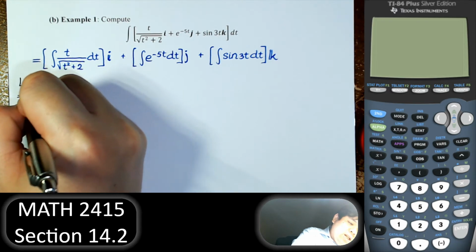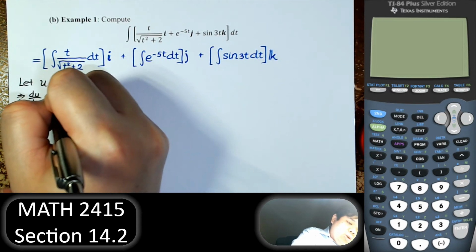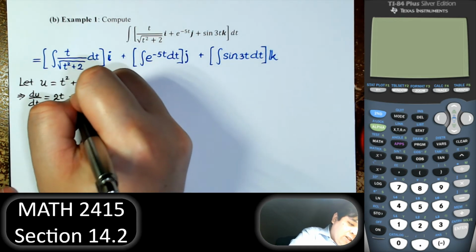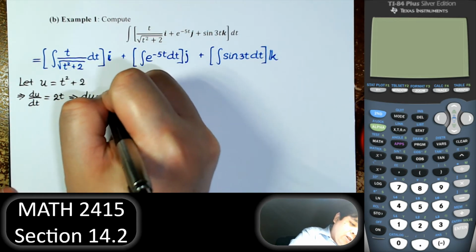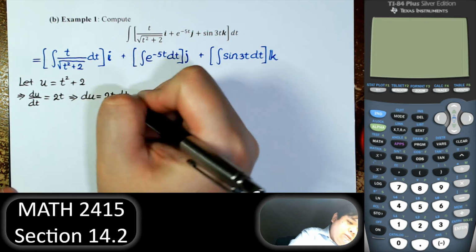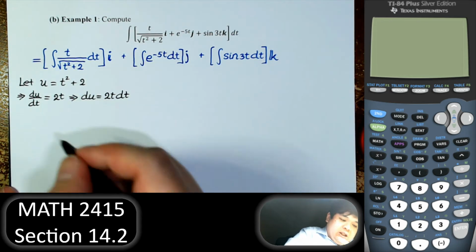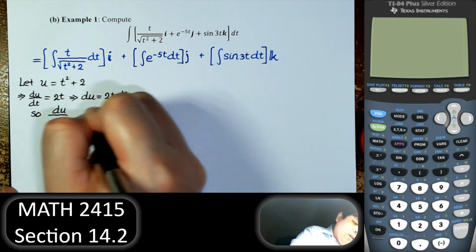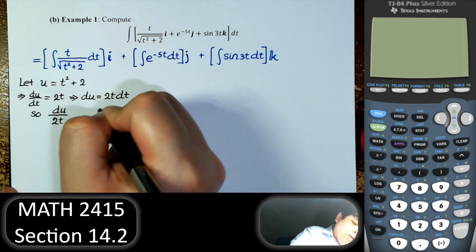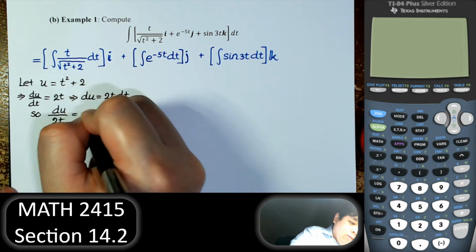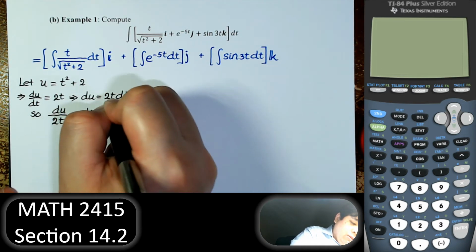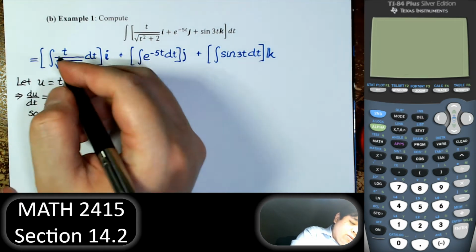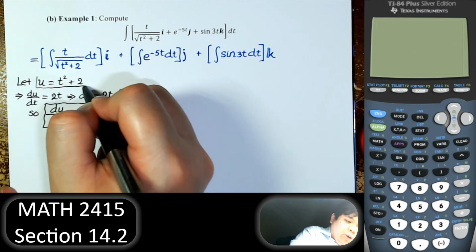Du over dt is 2t. Multiply the dt. And then divide by the 2t.